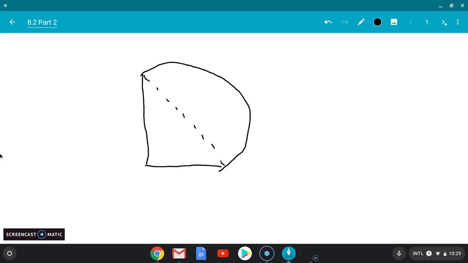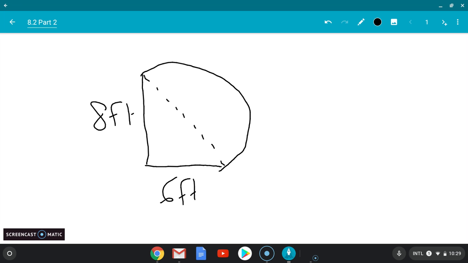So in this case, this bottom triangular piece is going to be 6 feet. This piece, which is like the height of the triangle, will be 8 feet.